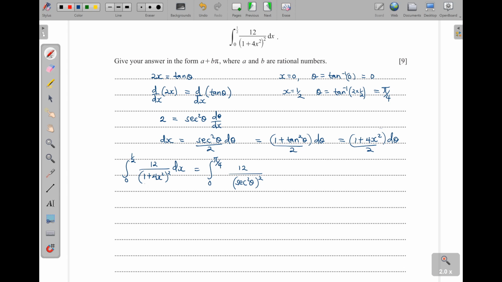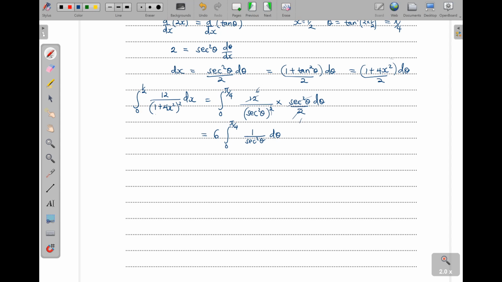Then next I'll say times our dx here, which is sec squared theta d theta over 2. So this sec squared will cancel one sec squared down here. And this 2, of course, goes into 12 6 times, right? So we shall get the 6, I can put it just outside there. The integral from 0 to pi over 4, and then we have 1 over sec squared theta d theta.